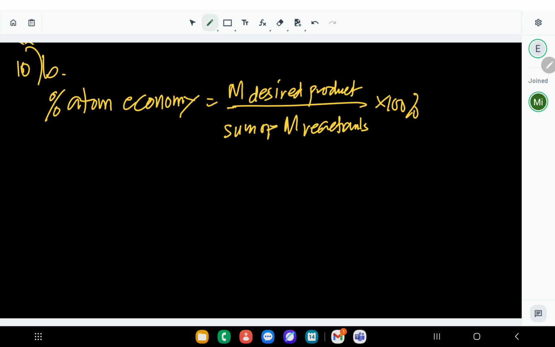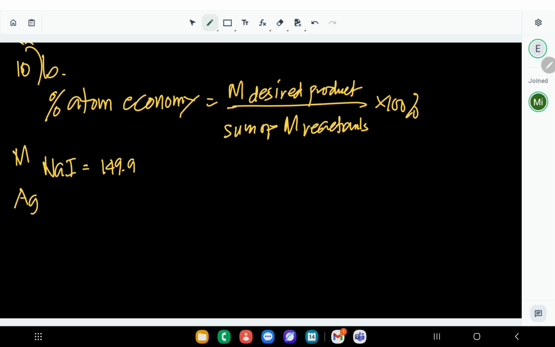Alright. So we're given here the molar masses of the reactants and products. So for sodium iodide, the molar mass is 149.9 grams per mole.